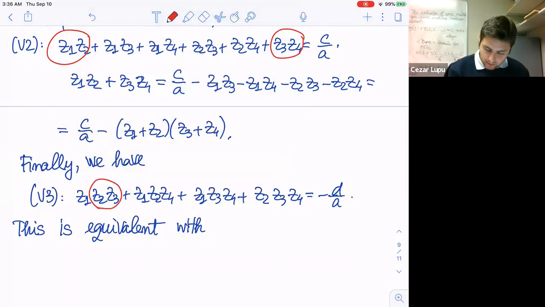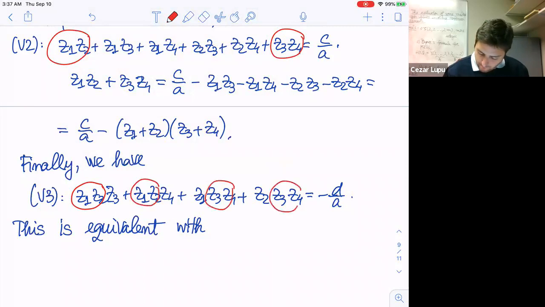No, not this guy, sorry. Z1, Z2, Z3. The idea is to keep Z1 and Z2 separate, and Z3, Z4. As you can see, I have them here, and these guys, I have them here.